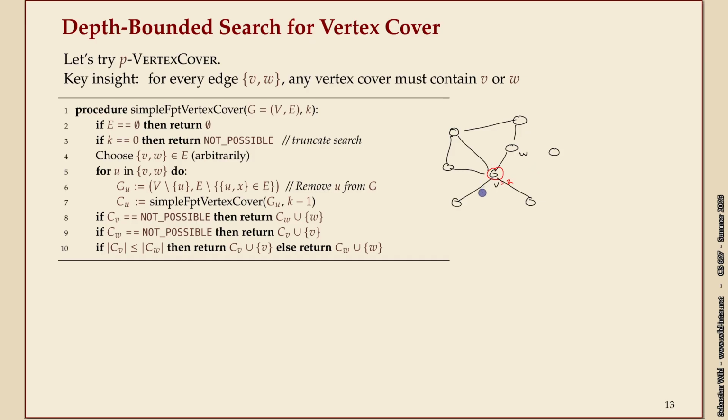So I'm getting rid of this vertex and all its edges. And what's left is the black graph without the red edges. This is GU. And then I recursively call my method, to try to find the vertex cover for the rest, but you're only allowed k minus 1 vertices, because I've implicitly picked this vertex u.